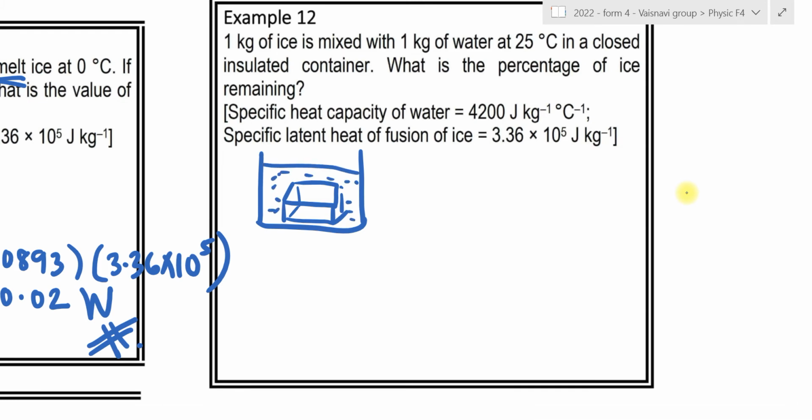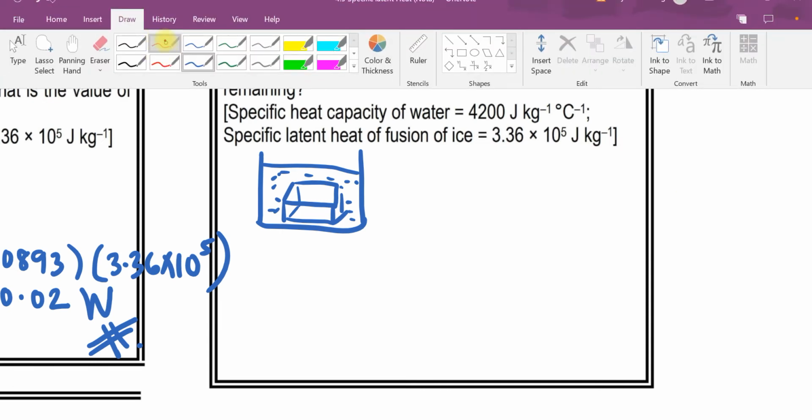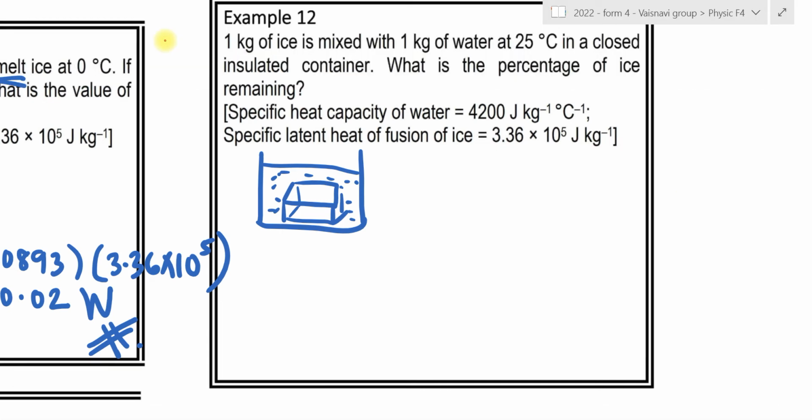The 1 kg of water is at 25 degrees Celsius, in a closed insulated container. What is the percentage of ice remaining?